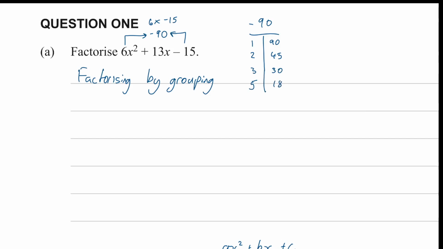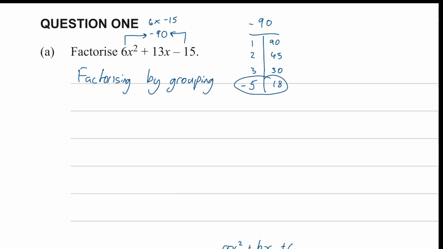Looking at those, I think 5 and 18 might be able to get us 13, because remember, one of these needs to be a negative number. So if we had minus 5 plus 18, that will give us positive 13, and minus 5 times 18 gives us minus 90. So those are our two numbers.